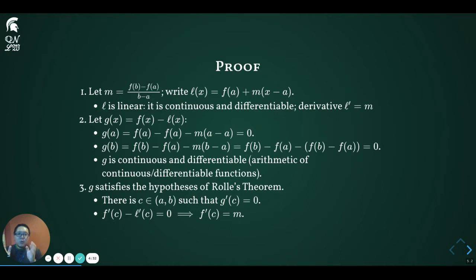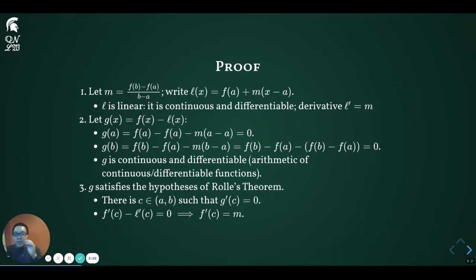The key thing to notice about L is that it is a continuous and differentiable function, and we know that at every point its derivative is exactly m. Since the function L passes through f of a when x equals a, and has its slope the rise over run of f from a to b, we also know that L of b is exactly equal to f of b.